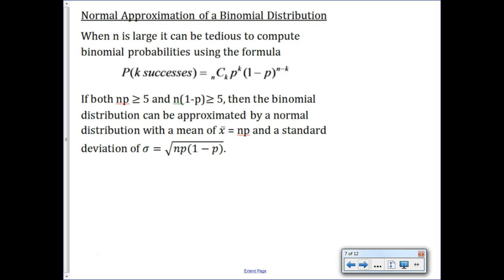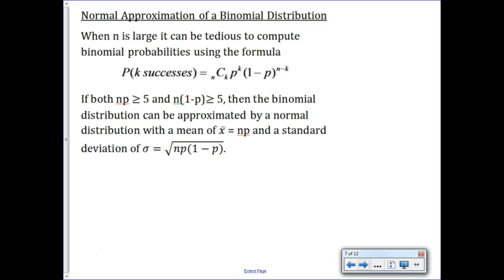All right, normal approximation of the binomial distribution. So this is saying that when n is large, it can be tedious to compute binomial probabilities using the formula that we just looked at in our last set of notes, the binomial distribution formula.